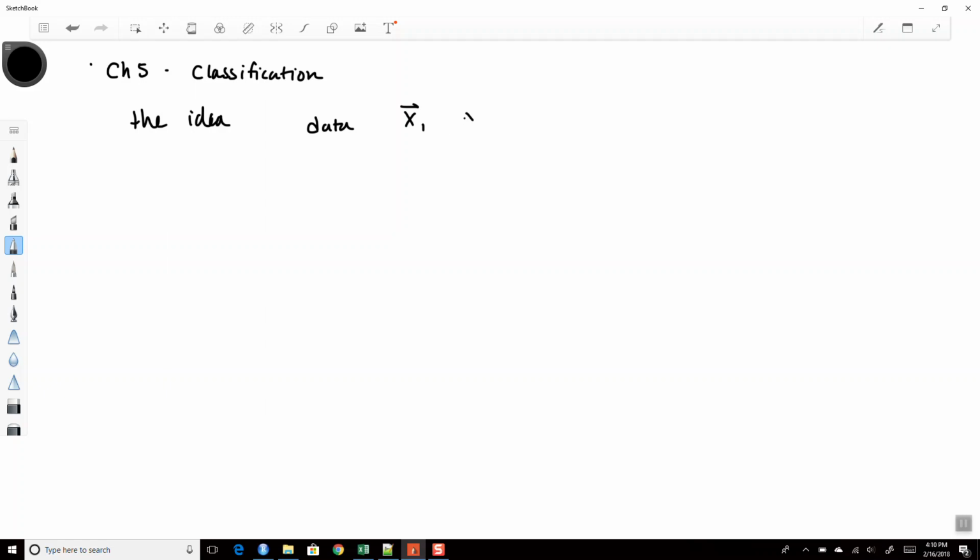So you've got x1 and x2, and these are all vectors, okay? Multiple values, right? So each x is a vector in d-dimensional real space, okay?